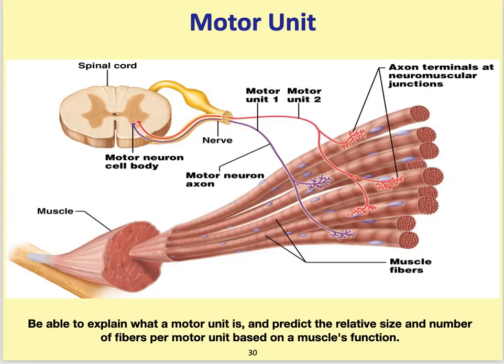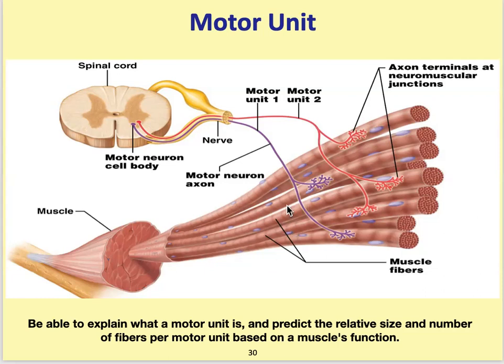Okay, and as an axon enters a muscle, it branches into a number of endings, each of which then forms a neuromuscular junction with a single muscle fiber. So a motor unit consists of that one motor neuron, as well as all the muscle fibers that it innervates. Here we see a total of 2 motor neurons being illustrated.